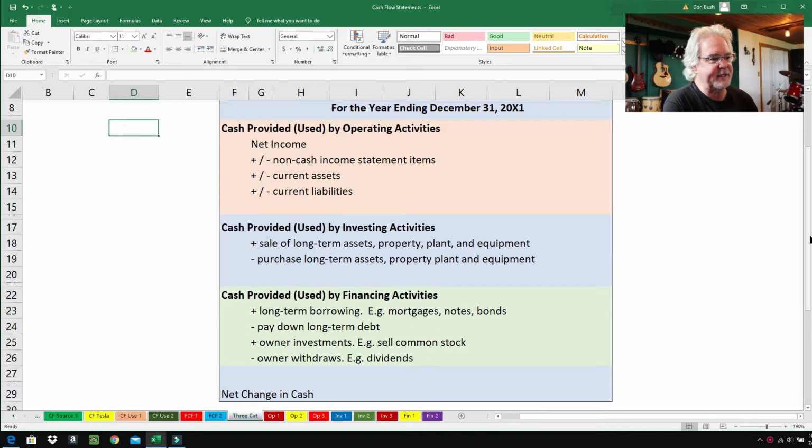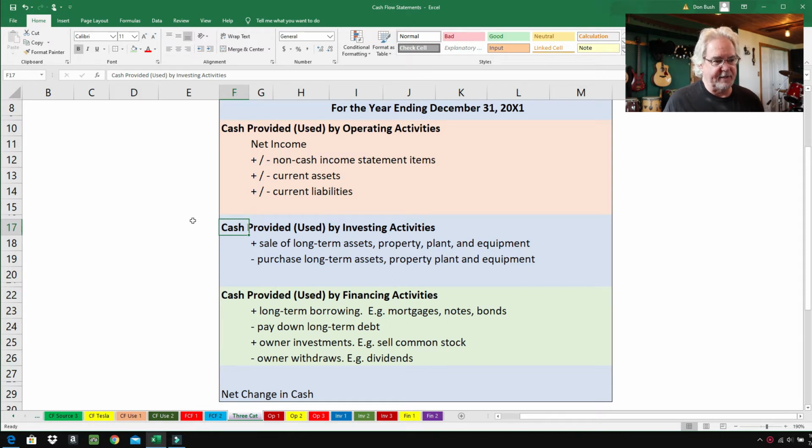It's really pretty easy. So here's the deal, we've got cash provided or used by operating activities, and this would represent cash generating operations, so profitable operations. And in the middle, we have cash provided by investing activities.